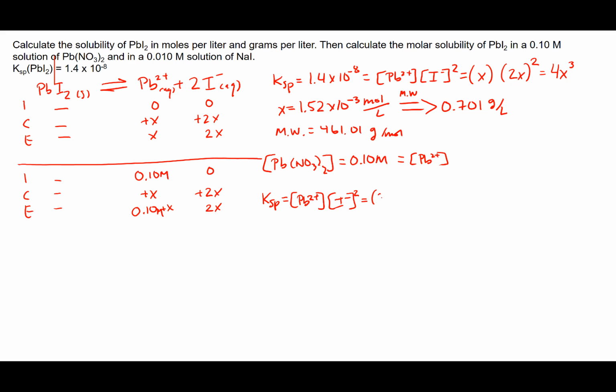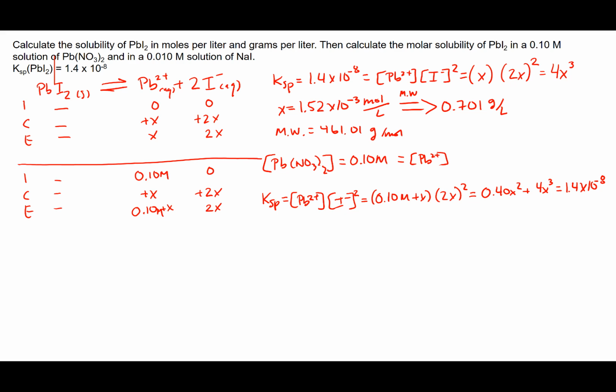We have 0.10 molar plus X as our concentration for the lead, and then we have 2X squared as the overall expression for the iodide. Working our way through that, we get the expression 0.40 x squared plus 4x cubed, which is equal to the solubility product, 1.4 times 10 to the negative 8.